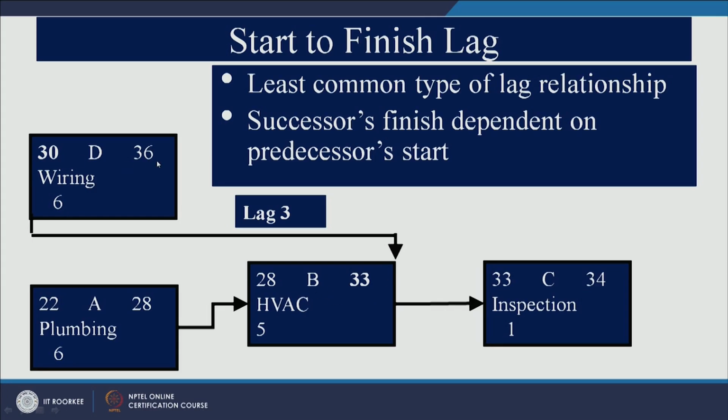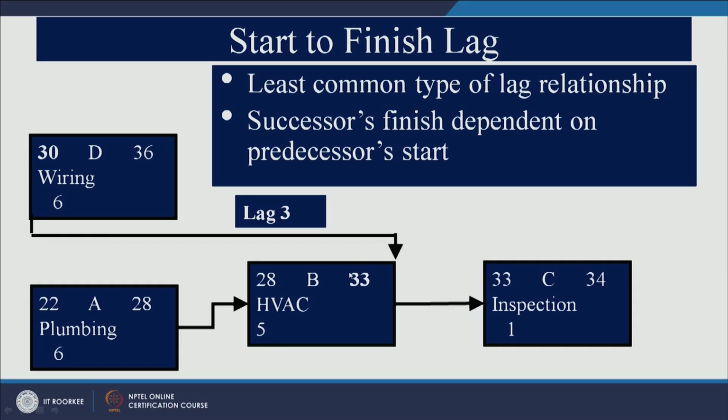So, 30 to 36 is 22 to 28, right, because it is taking 6 days time, and this is 28 to 33, because this is 5.